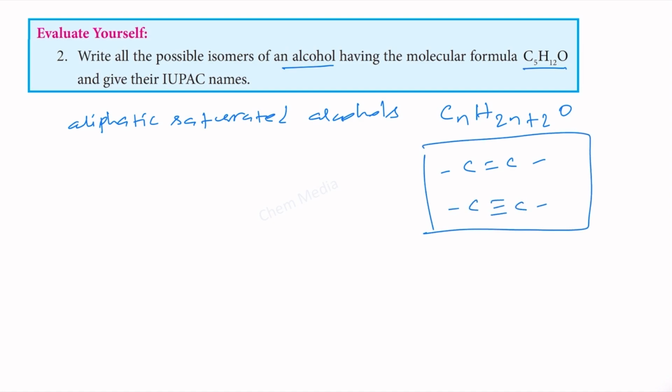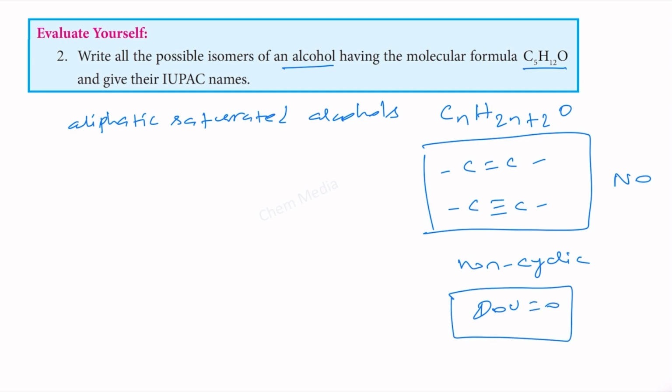They will also be non-cyclic because the degree of unsaturation in this case will be equal to 0. If you want to calculate the degree of unsaturation, it would be 1 plus number of carbon atoms minus number of hydrogen atoms by 2.